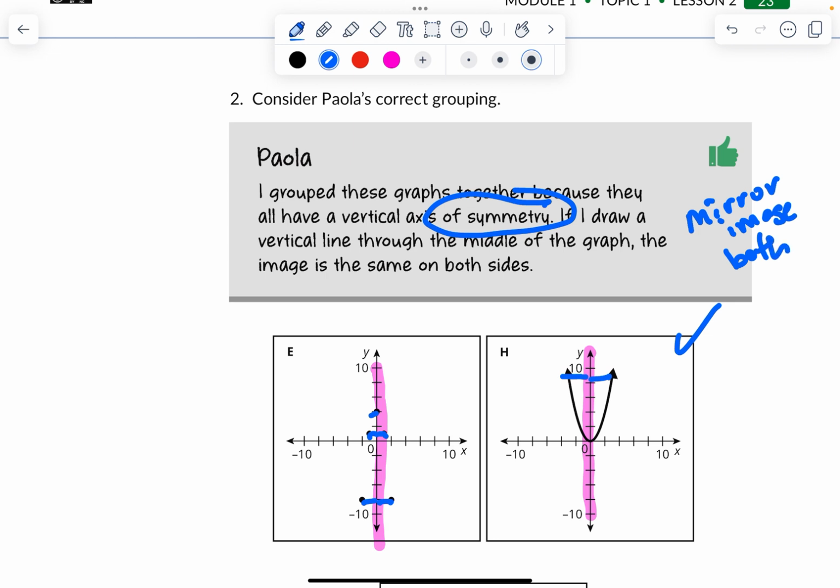So when you look at its left or its right, that is a vertical axis of symmetry. She wanted it to be a vertical line, so I have to have a mirror image. This dot's this far away, then that dot's that far away. One's closer, one's closer. That's a mirror image. So she did a good job.